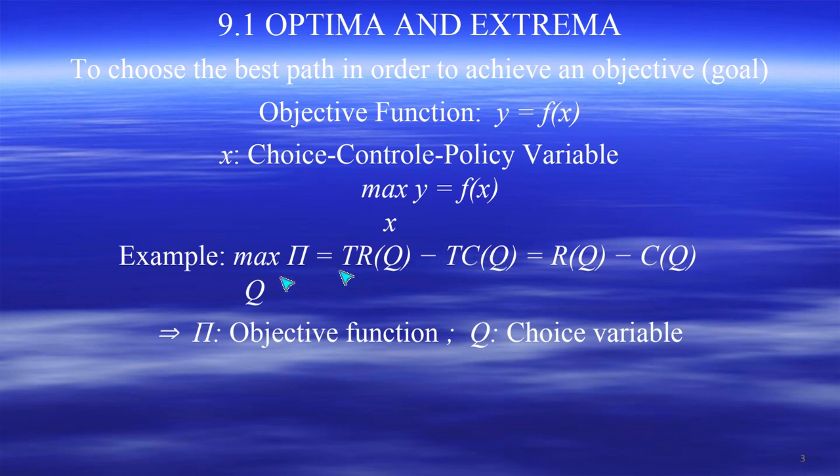We will find the greatest value of this difference by using the quantity produced Q: TR(Q) minus TC(Q), or it can be written R(Q) minus C(Q). The difference is the profit. Profit is the objective function. Q is the choice variable. You see?